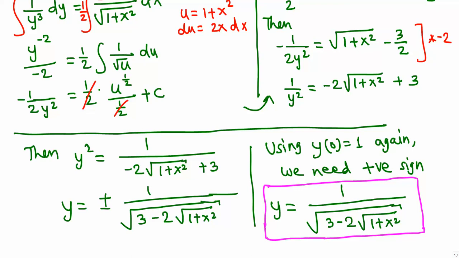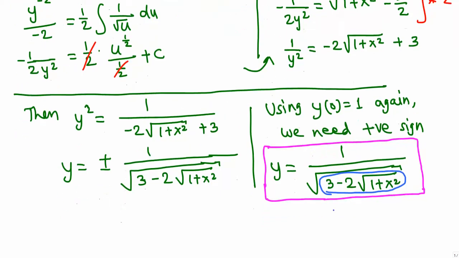So 3 minus 2 times square root of 1 plus x squared, this expression inside the square root, should be strictly positive for this to be defined. I mean, if this were 0, the square root is still defined, but 1 over 0 is undefined.